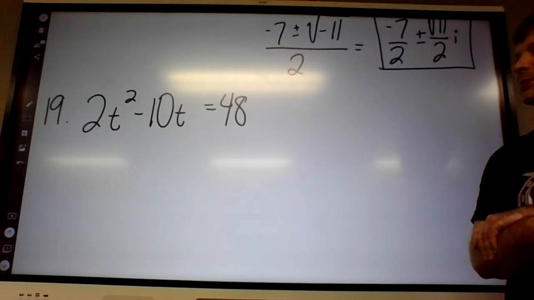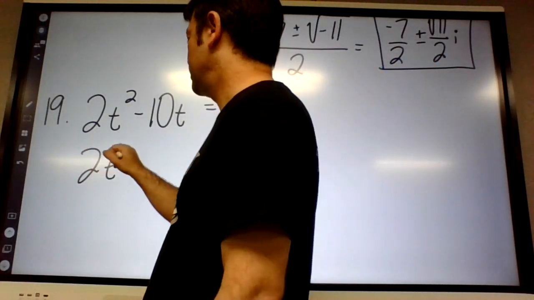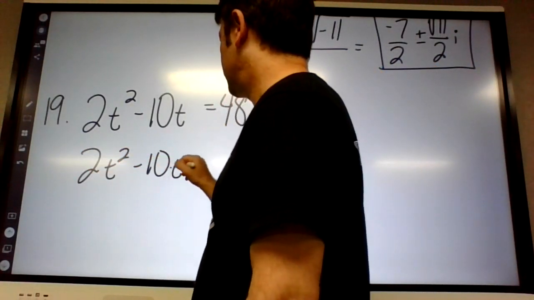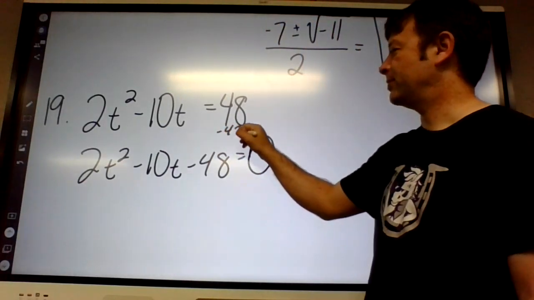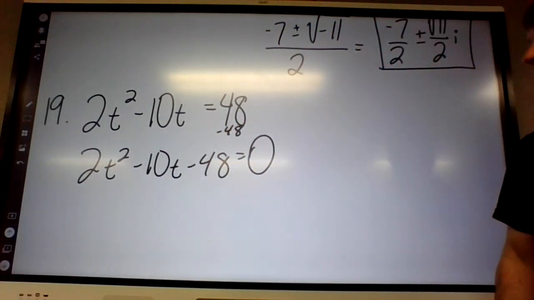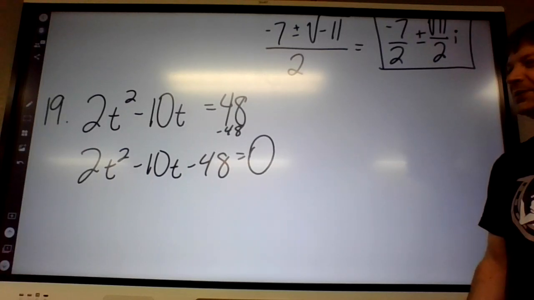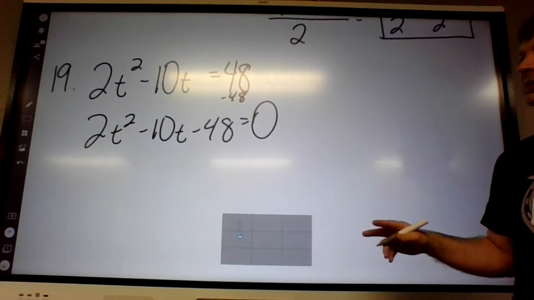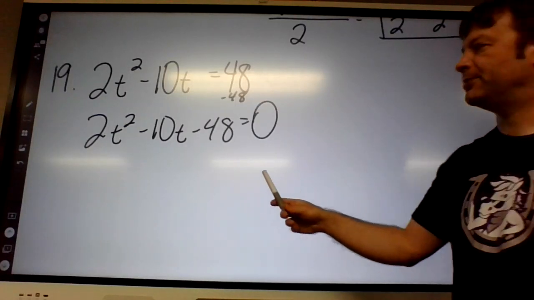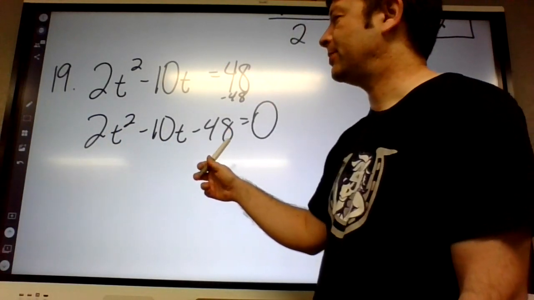We got a problem on this one. What's wrong? Subtract the 48. 48's on the wrong side, so we're gonna subtract 48 to bring it over to the left side. That would leave 0 on the right side, which is what we want. I notice these are all even numbers, right? So what does that mean if they're all even numbers? You can take a 2 out.